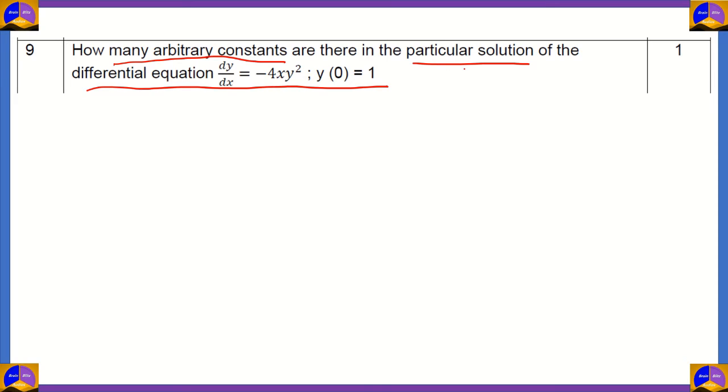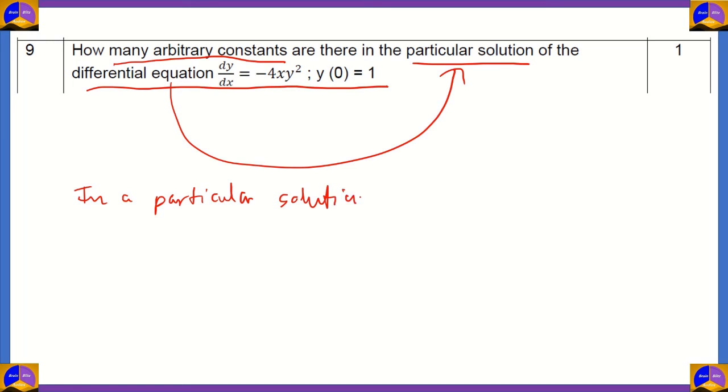The question says that this differential equation has a particular solution. And the thing about this sentence is that in a particular solution, there are no arbitrary constants.